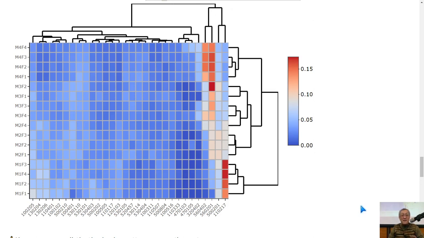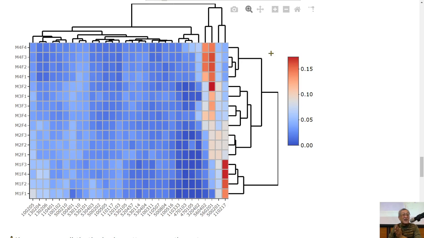Now let's take a closer look at this chart. This heat map not only converts value into color, it actually does clustering. As you can see, it does clustering in this direction, and it also does clustering in this direction.